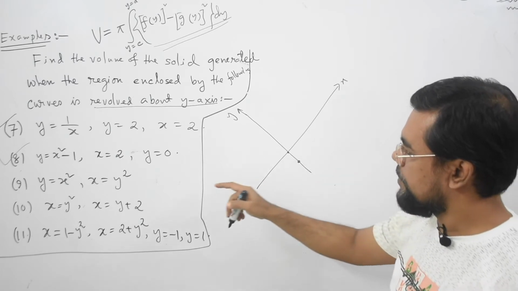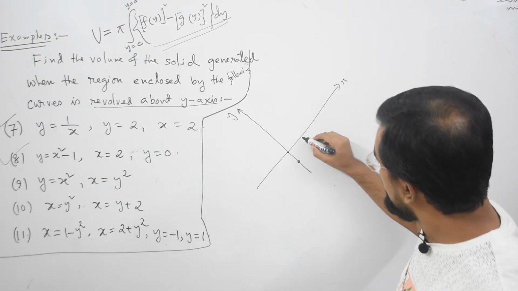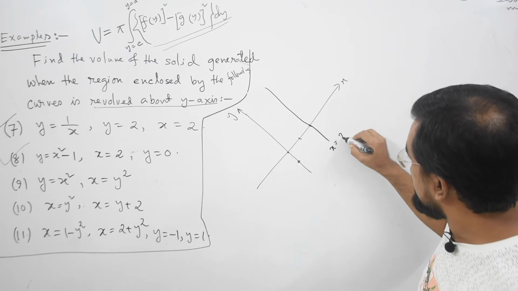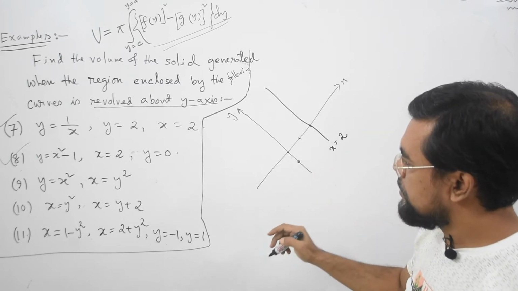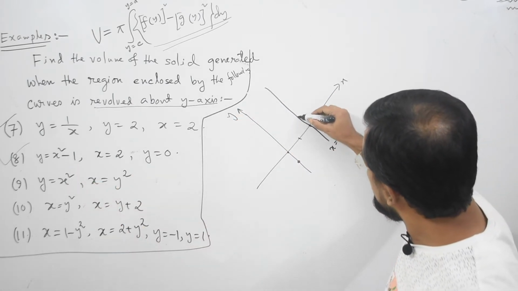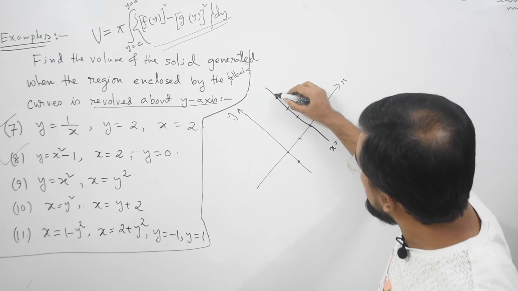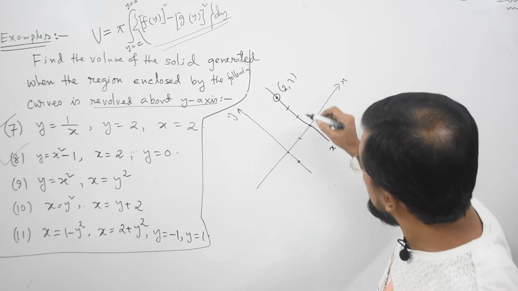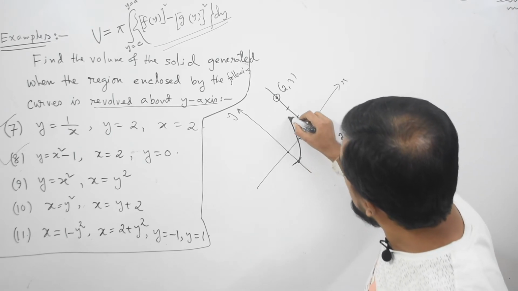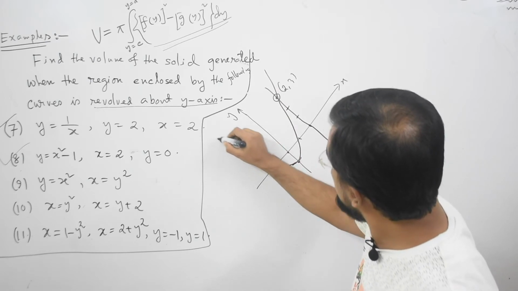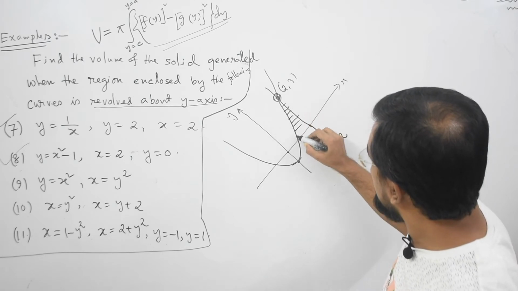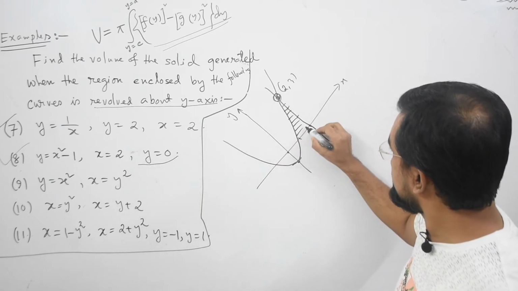The other line is x equal to 2, and when x equal to 2, y equal 3. So this parabola will pass through the point (2, 3). So this point is (2, 3), and the other curve is y equal to 0, the x-axis.